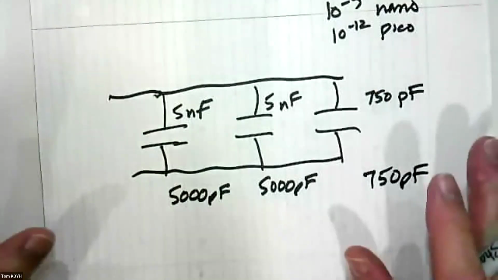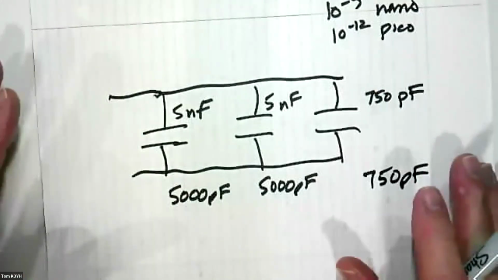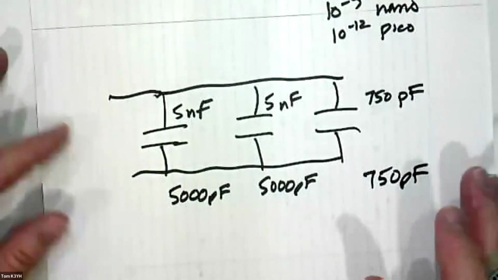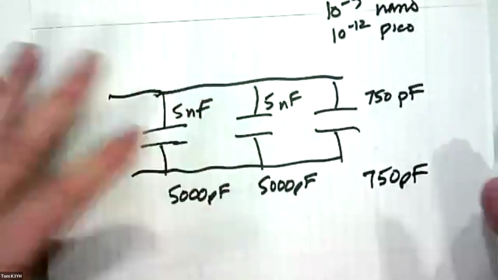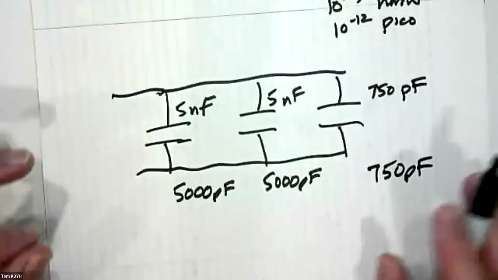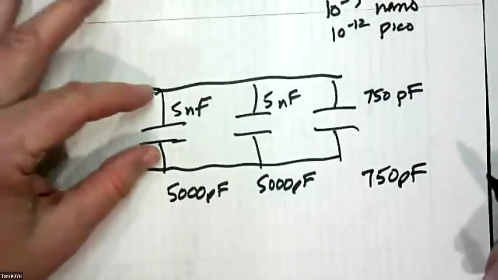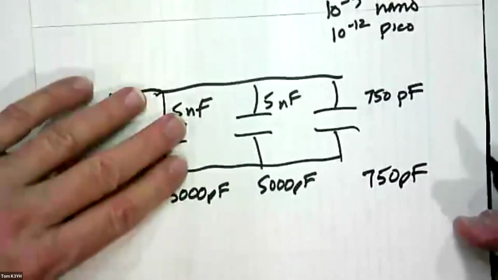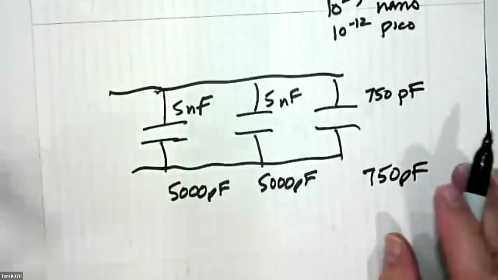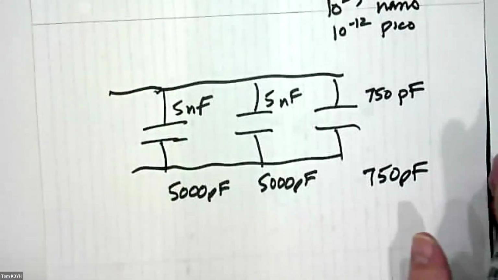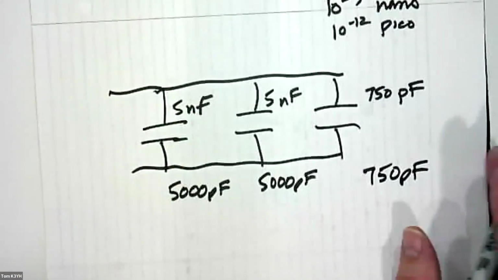Capacitors in parallel are the same as resistors in series. You just add them. Why is that? The answer is because capacitive reactance is inversely related to the capacitance. You don't have to remember that answer.